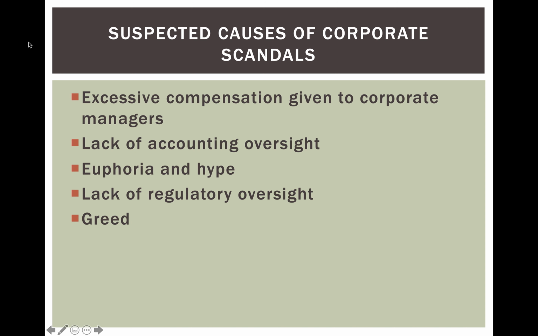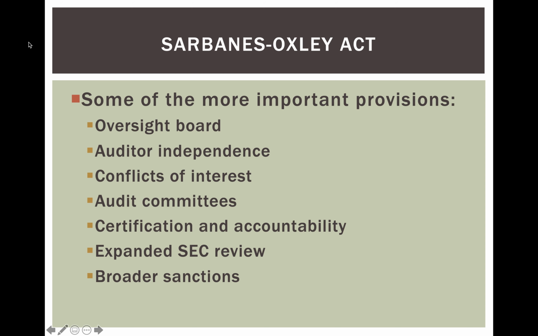I was going to jump around a little bit, but we'll talk about euphoria and hype and then regulatory oversight and greed in a moment. But there have been provisions put in place which attempt to prevent more egregious behavior that leads to scandal.